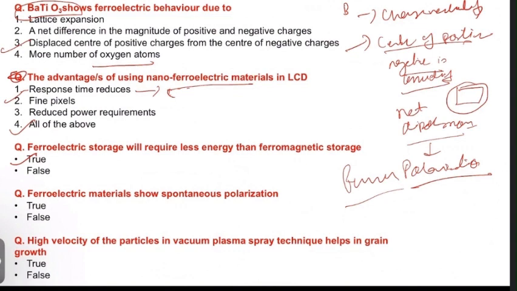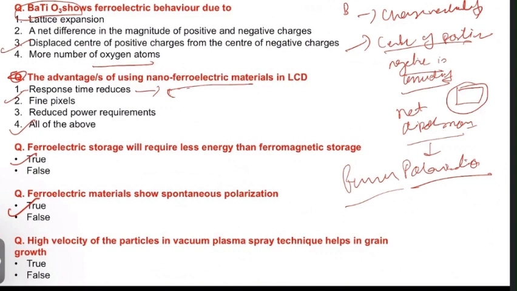Ferroelectric material shows spontaneous polarization. True or false? It is a definition based question. This statement is true. Yes, they show polarization. I'm not getting spontaneous. There is polarization. What do you mean by spontaneous? Spontaneous polarization means that they have polarization.